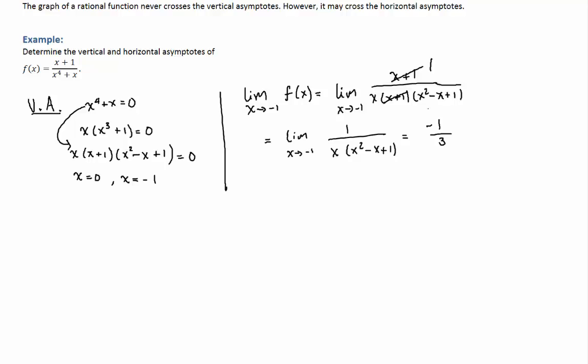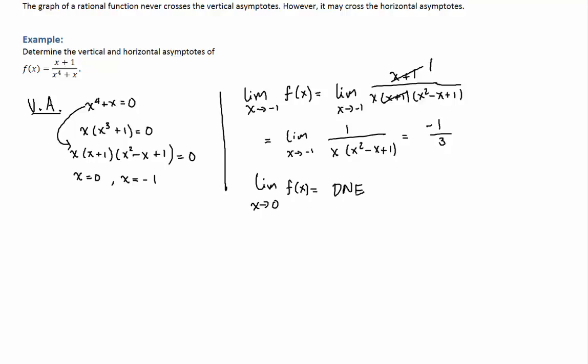Notice that this is not infinite, so in that case, we only have one vertical asymptote. Well, I should confirm also that the limit as x goes to 0 of f of x does not exist, but you can see that because this x will give us a 0 in the denominator regardless of this cancellation.